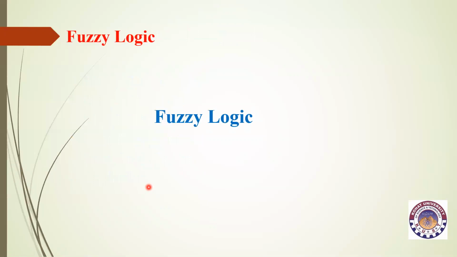So what is fuzzy logic? Fuzzy means unclear, and logic is a process for making a conclusion, or we can say it is a study of the principles of correct reasoning.